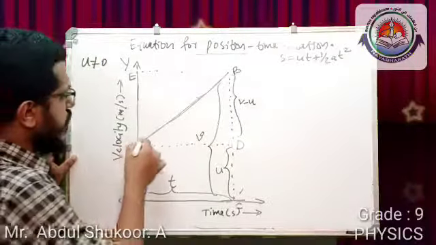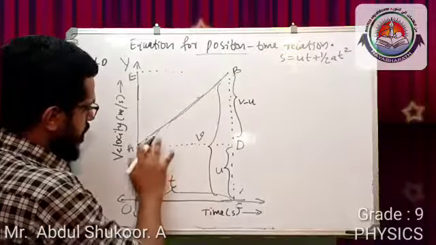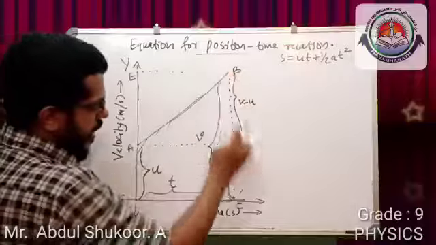That means we want to find the area of this shape. Then what is the shape? OABC.